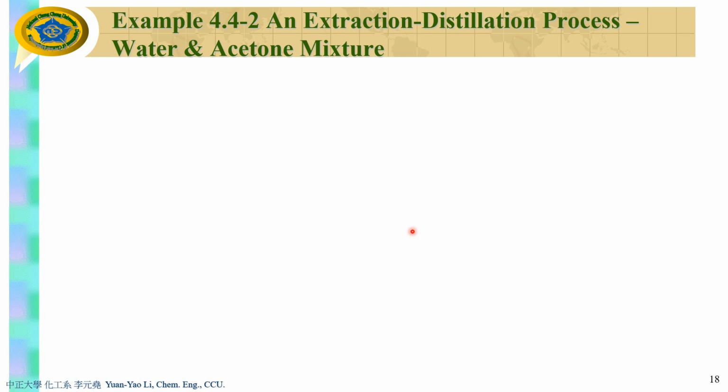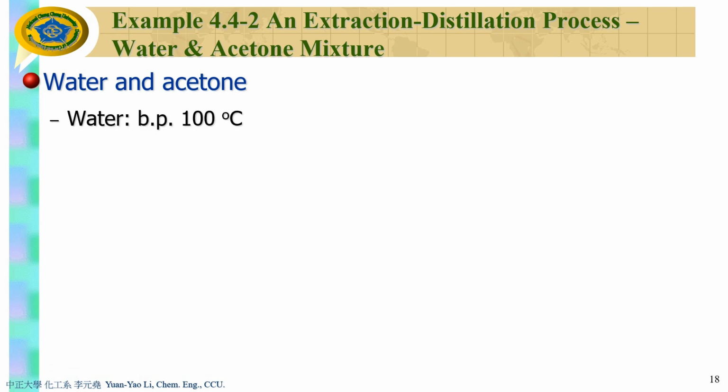Before that, I think I should show you what extraction is. Do you know extraction? No, okay. Let me do this one by one. So, for example, you have water and acetone together. If you want to separate water and acetone, you might say, "Well, Professor, I just learned distillation is a good tool to separate two liquids with different boiling points."